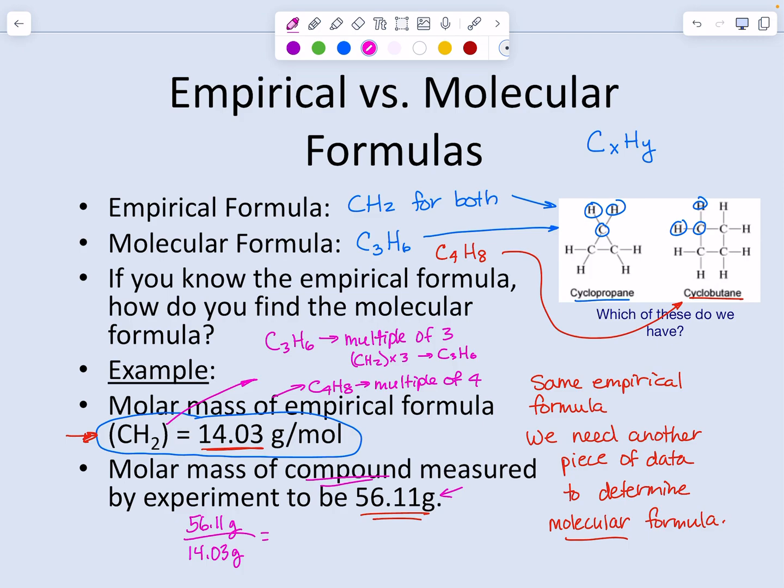If I type it into my calculator right, it comes out to be 4. So which of these two compounds did I actually have in my experiment? Did I have cyclopropane or cyclobutane? I have cyclobutane, yes.